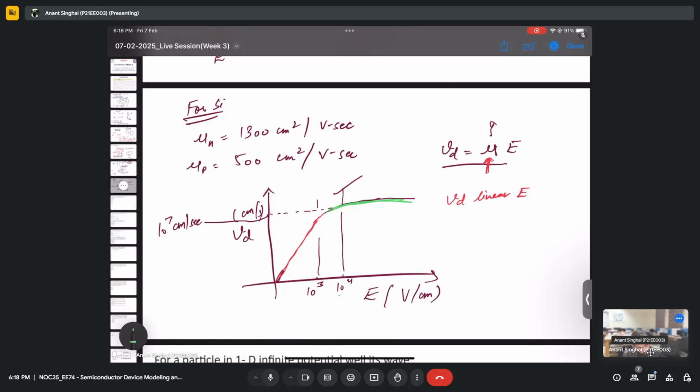Even if we are applying more and more electric field, because this is decreasing, this is making it constant. So that is why this plot looks like this. Is it clear?